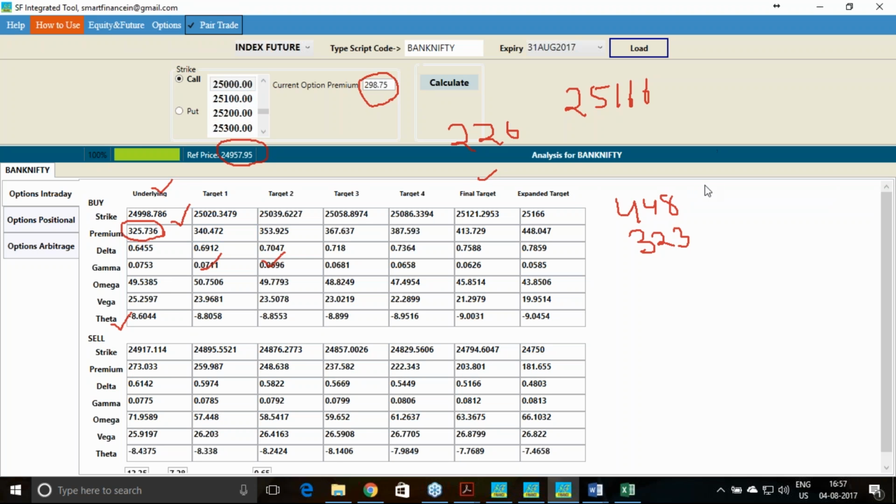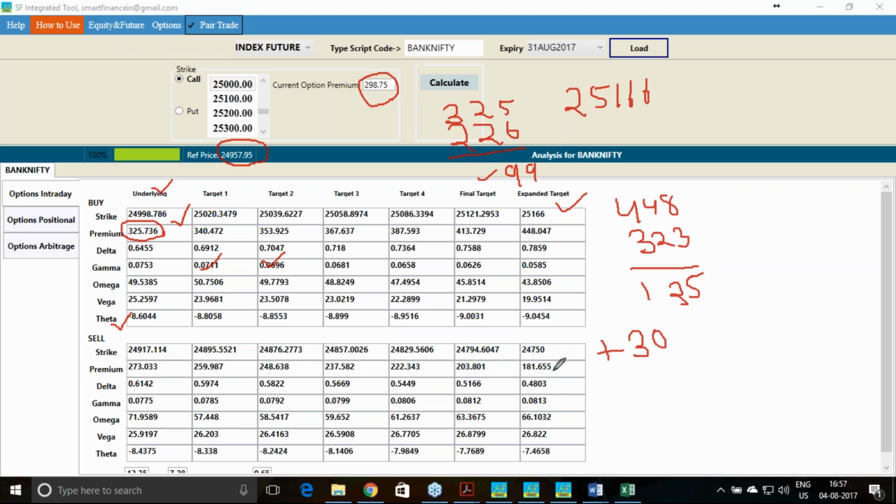So 325 I am buying, 226 I am selling, a 99 rupees difference, I am forming a spread. If it touches the final or expanded target, it's 125. So 30 rupees of profit I can make from this spread trade on an intraday basis.